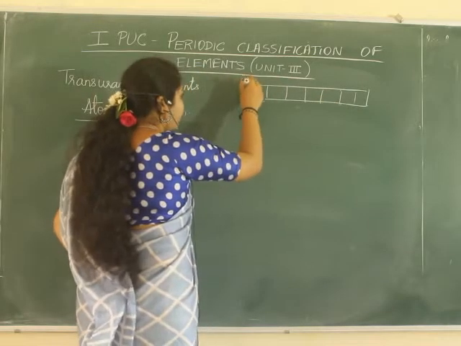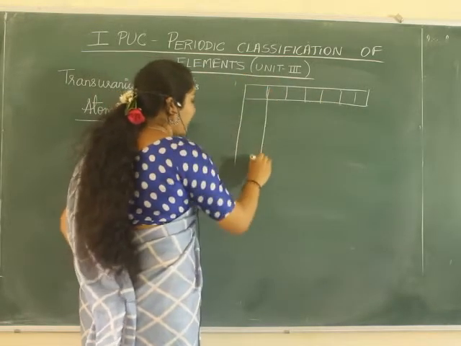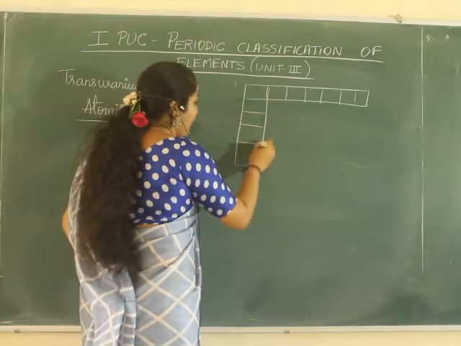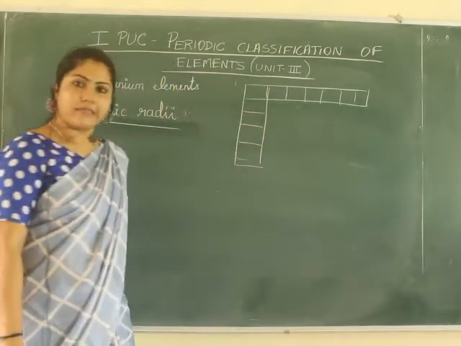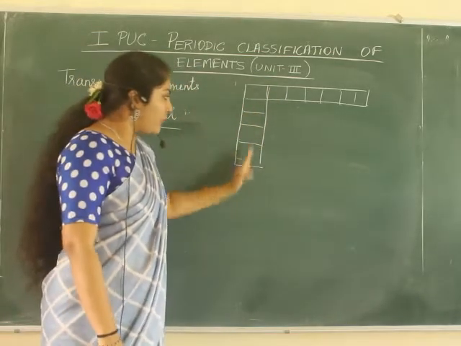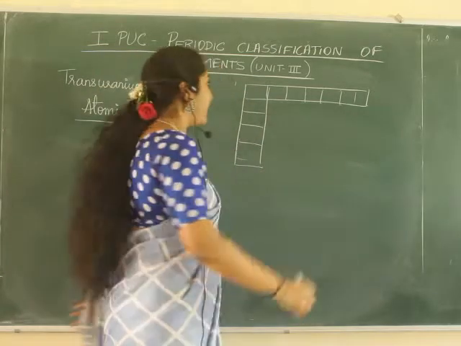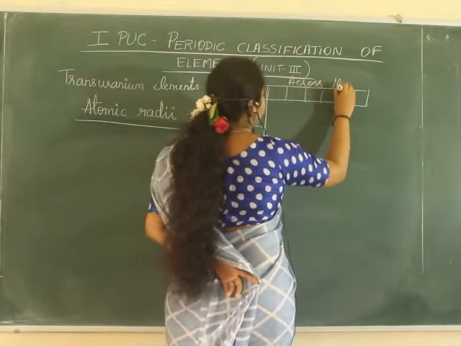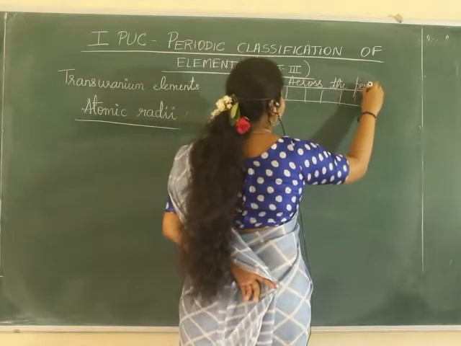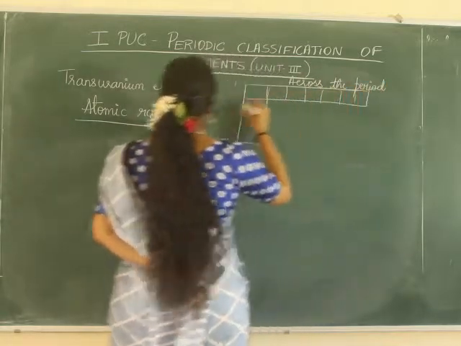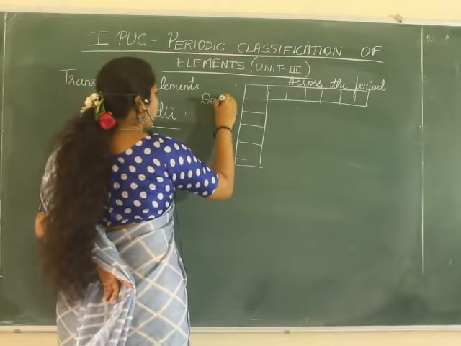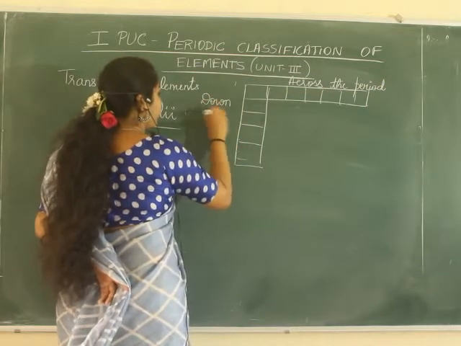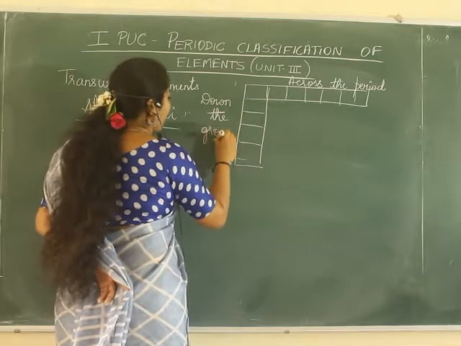When I say down the group, it means down this vertical column. Clear? So this is down the group, this is across the period. Hope there is no confusion.